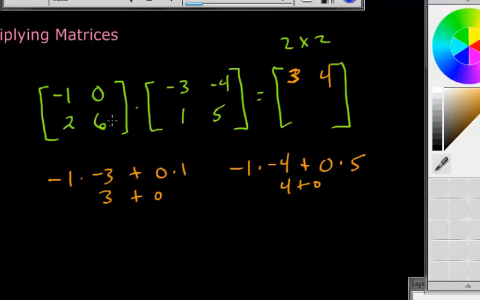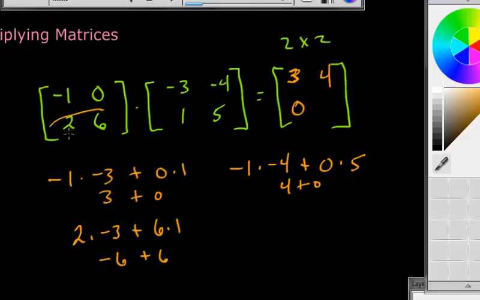To get this entry, you do this row times this column. It's always rows times columns. All right, so that would be 2 times -3 plus 6 times 1. So that's -6 plus 6, and that should be 0.